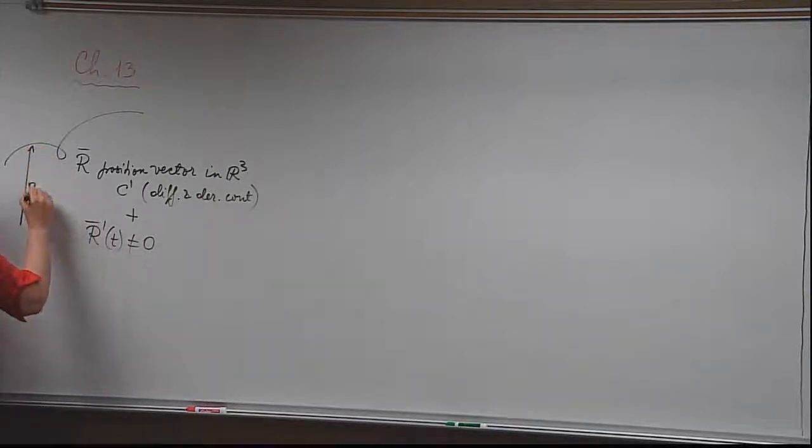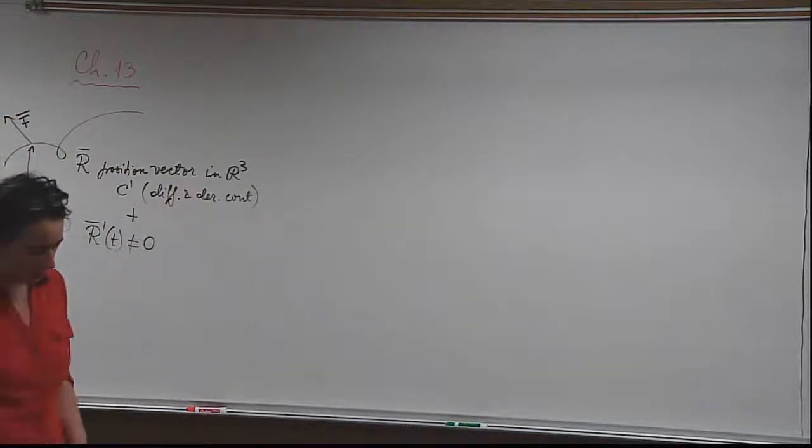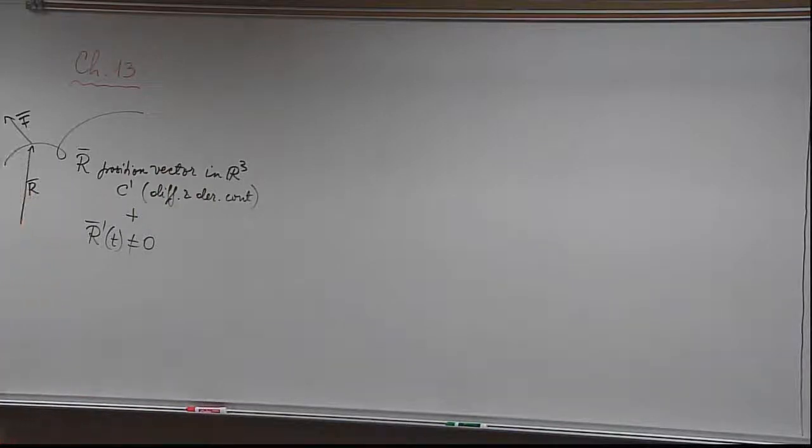And that's the position vector. And then you have some force field acting on the particle at every moment. So you have an F that is acting at the location x, y.